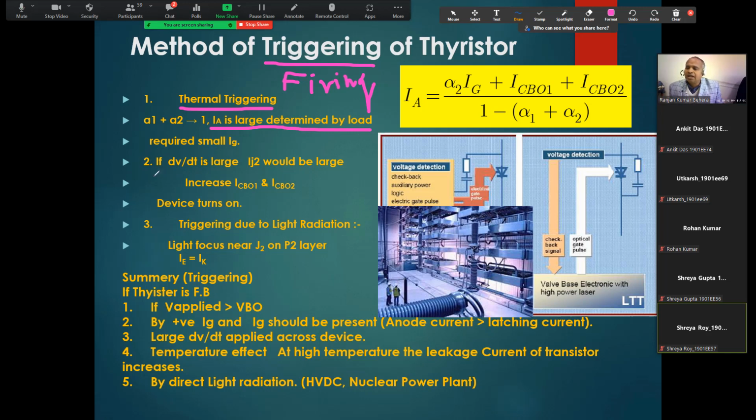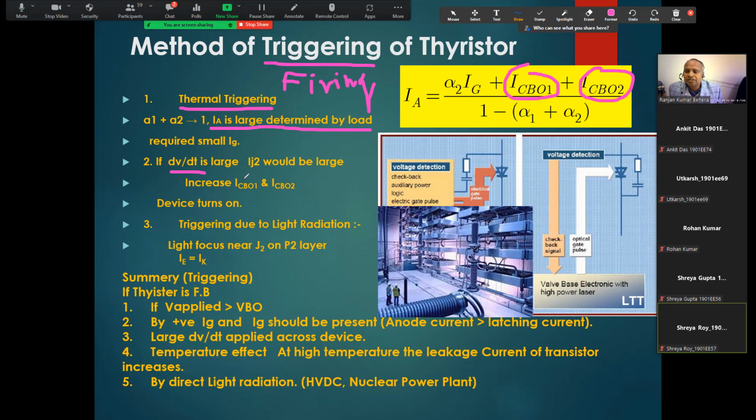And if you apply a large voltage suddenly across the thyristor, then at J2 there will be a large leakage current, and ICBO1 and ICBO2 will go on increasing. These two currents increase as soon as there is a very large change in voltage in a very short time, and that is called transient dV by dt.